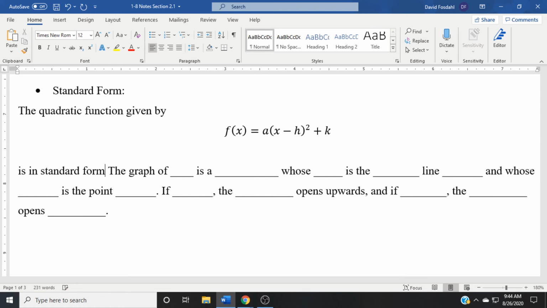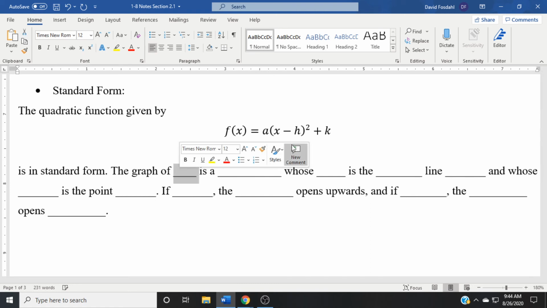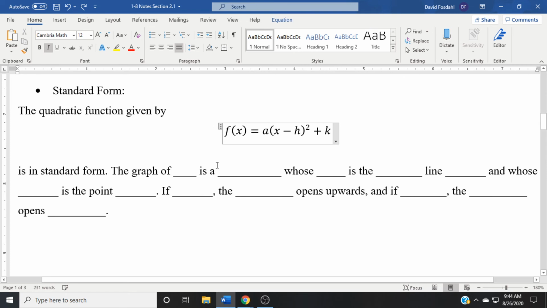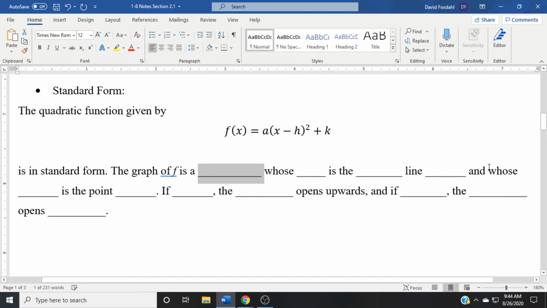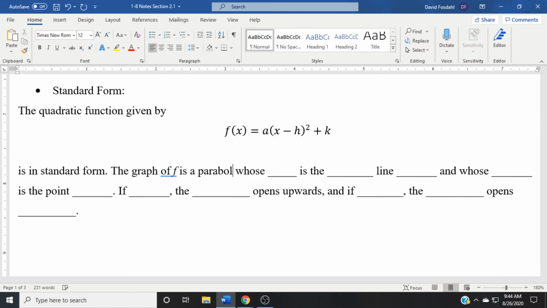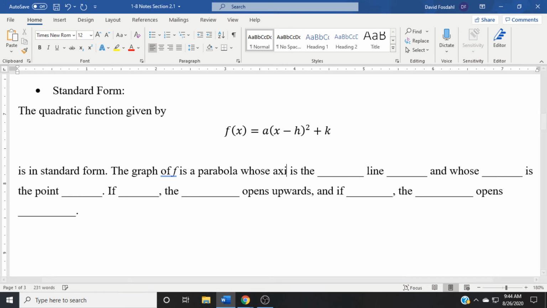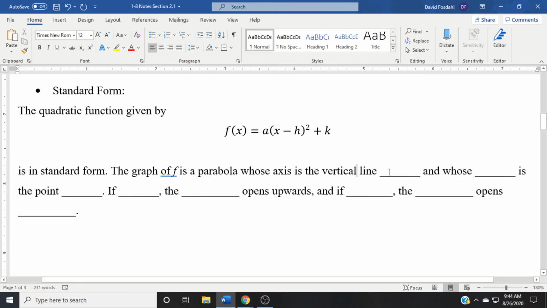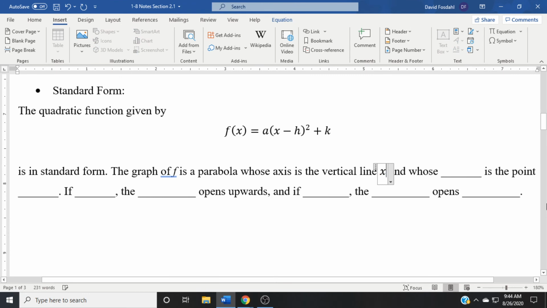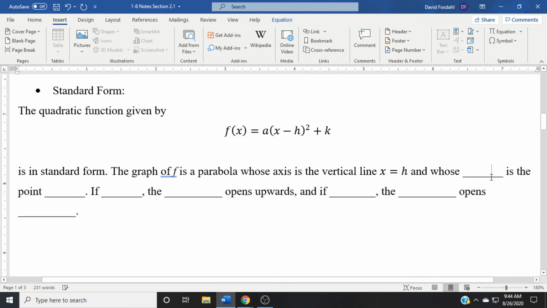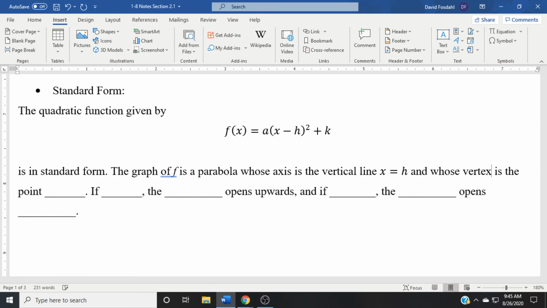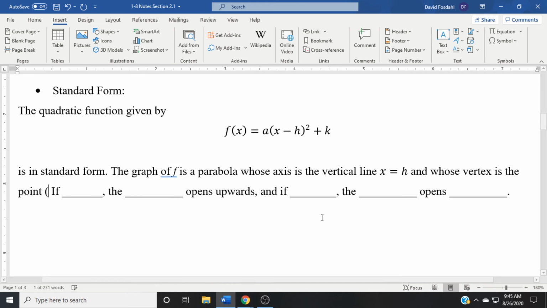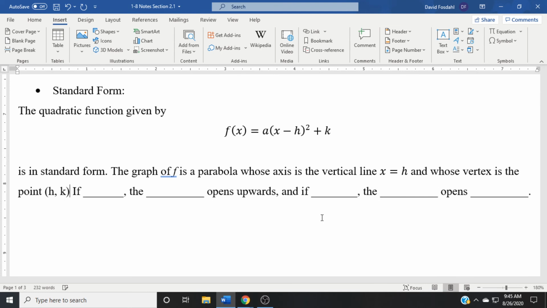The graph of f is a parabola whose axis is the vertical line x equals h, and whose vertex is the point h comma k.